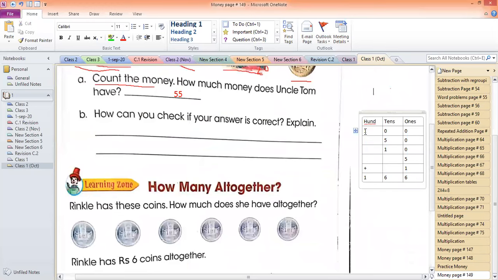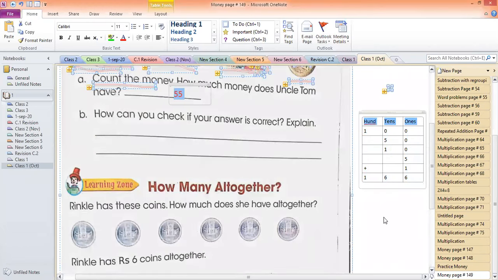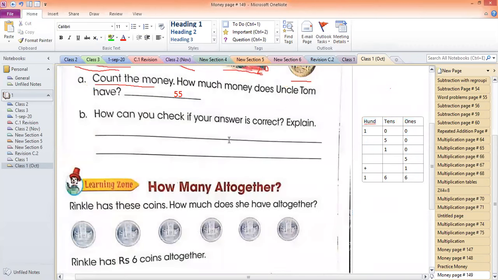Now the second question is, how can you check if your answer is correct? This is very easy. You can check your answer by adding.